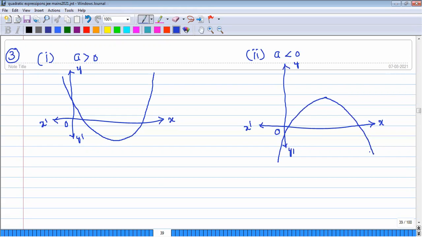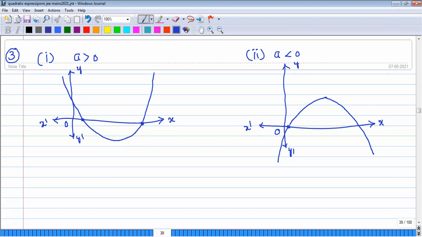Then what do you say about this one? If a is greater than 0 and b square minus 4ac is greater than 0, then we can say that the graph touches the x-axis. No, it won't touch. It intersects the x-axis. See this one, intersecting at 2 points.